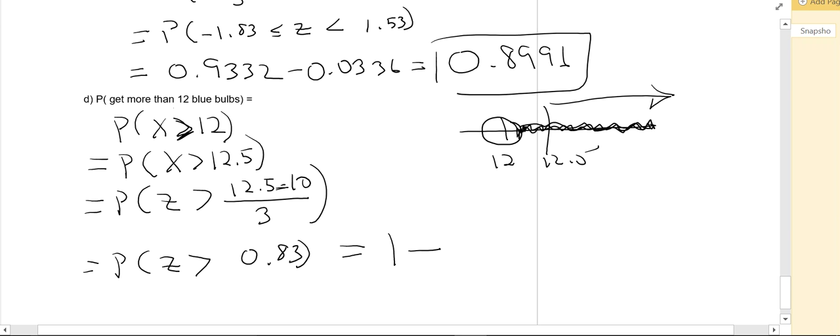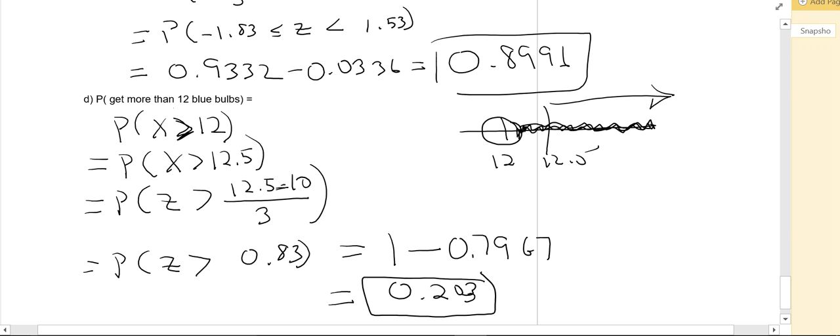So subtract from 1 what I found in the table. I do my math. I get 0.203. And there you go. I'll erase that. I got less than 20 seconds. I'll rewrite that, 0.203. And I am done.